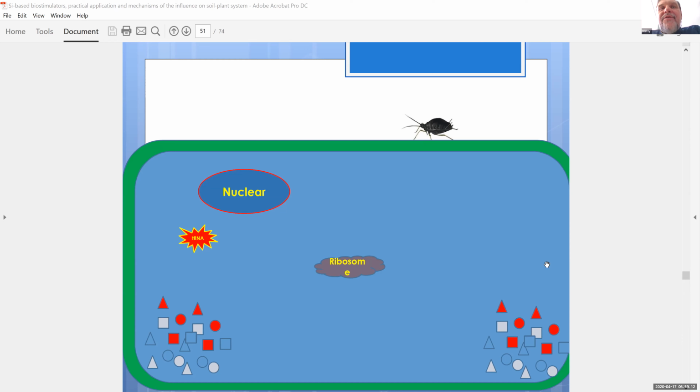And plants start to synthesize these stress proteins. Next. But for this process, time is necessary: first for the signal, then to look for the raw materials, and the raw material goes to the ribosome, and the ribosome starts to synthesize these stress proteins.